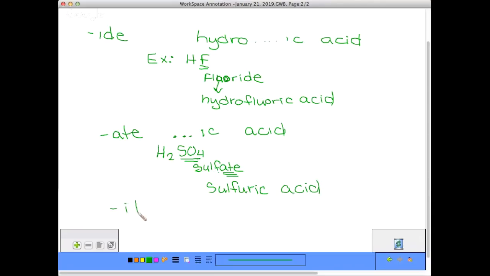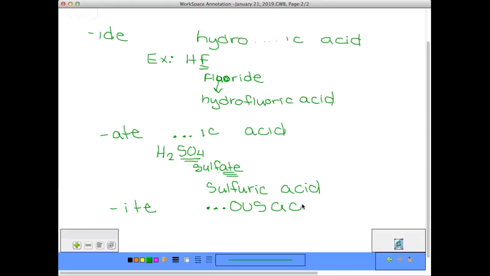And then if I have an ite, let me go back. If I have ite, I'm not going to have an ic, but it's going to be an ous acid.